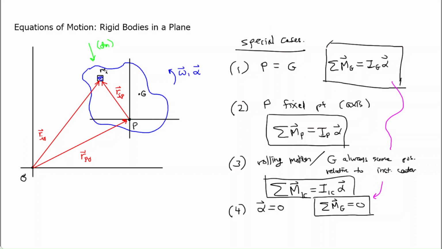Or if you go back to the most general version of the equation, sum of moments about some other point, well, the alpha term goes away, and then what you're left with is R sub GP cross the net force. Okay.